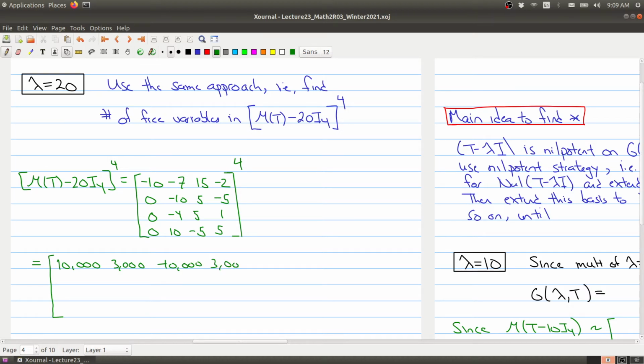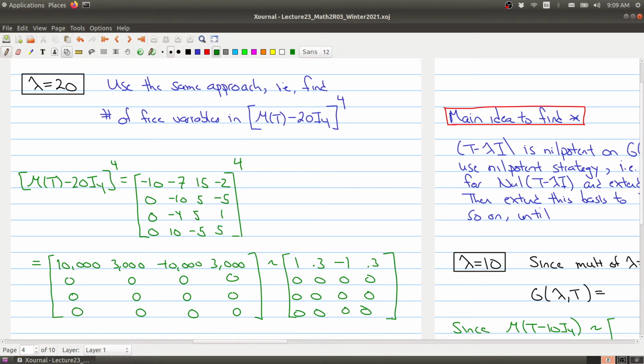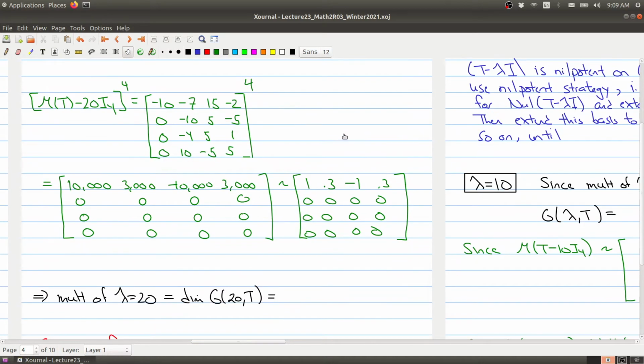I get a 4 by 4 matrix where the top row has numbers, but all the other entries are 0, and I can row reduce that. I get 1, 3, negative 1, 0.3, 0, 0, 0, 0, 0, 0, and all zeros everywhere. I need to compute the number of free variables, and I only have one leading entry, so the number of free variables in this case is equal to 3.